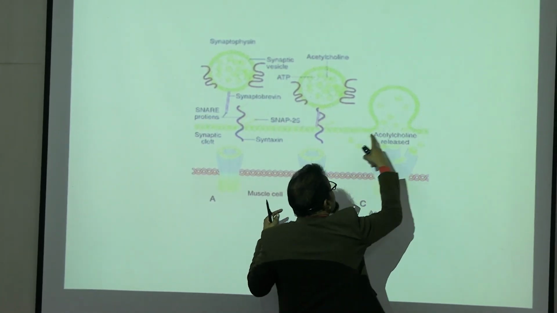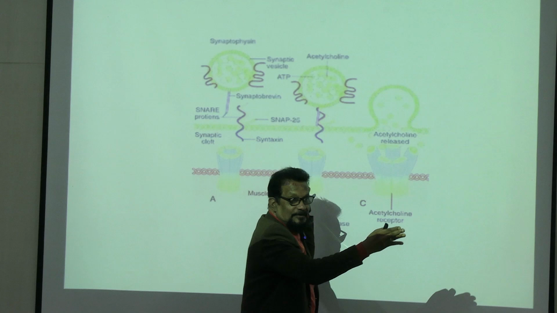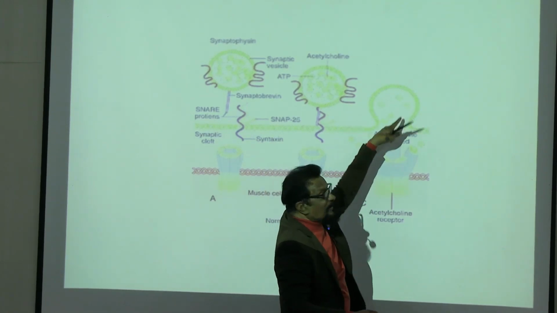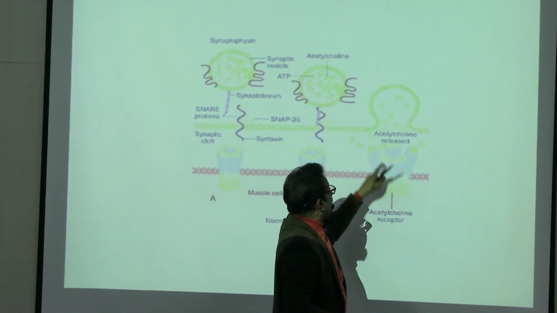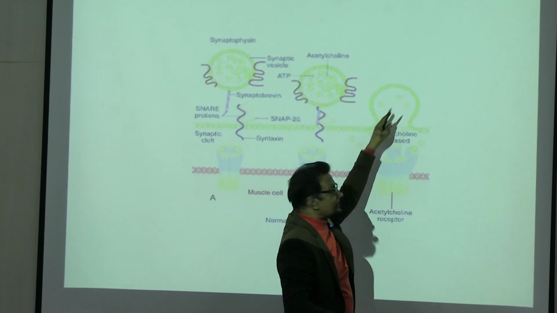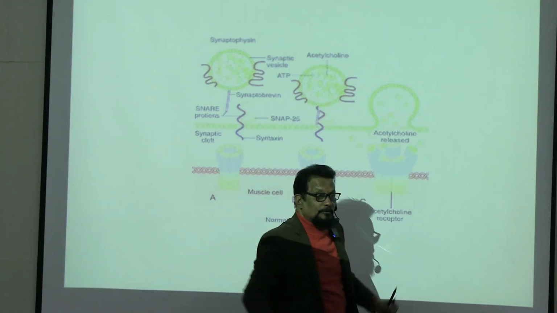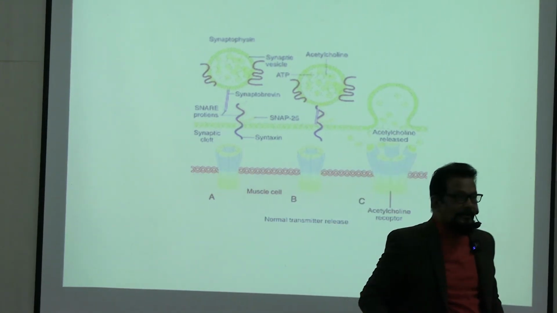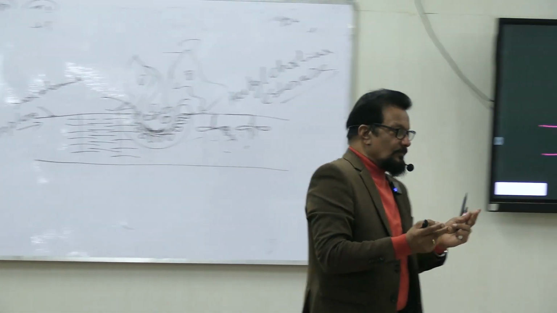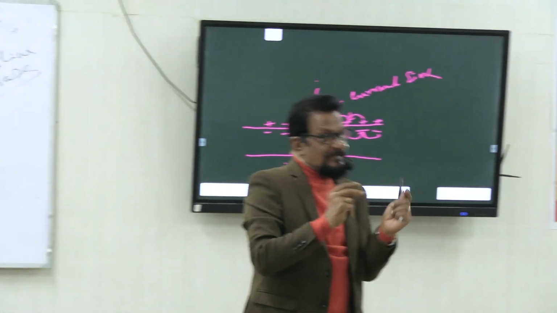The membranes are fused. As a result, the contents are released. Now these are vacant. And the hydrolyzed product of acetylcholine will again enter here. And the vesicle will close and it will be used for forming neurotransmitter vesicles.